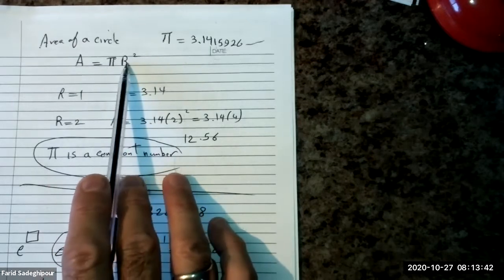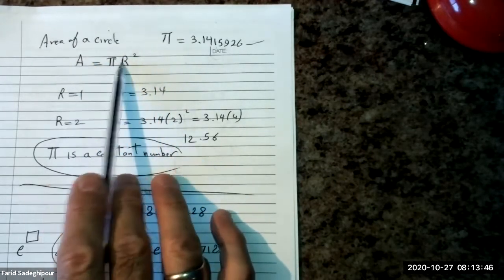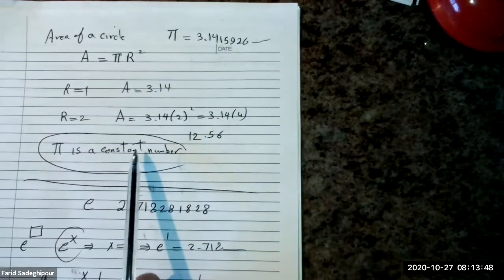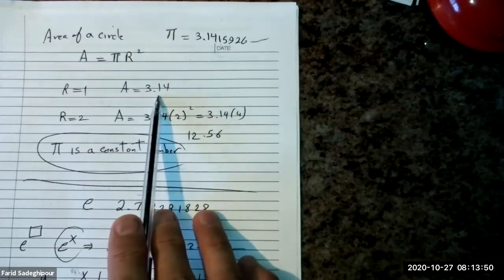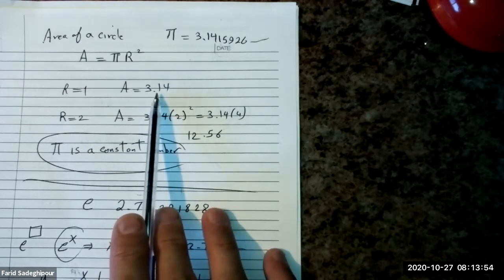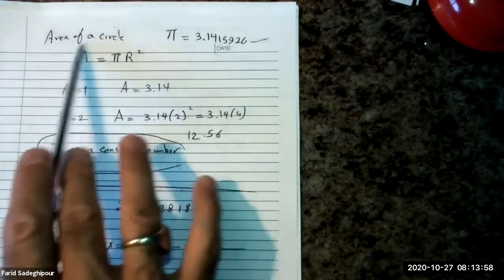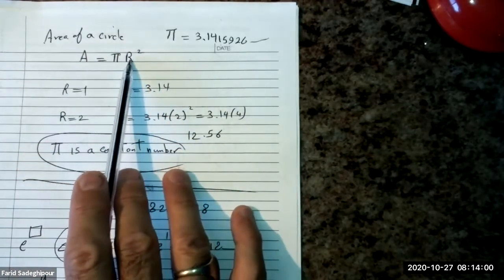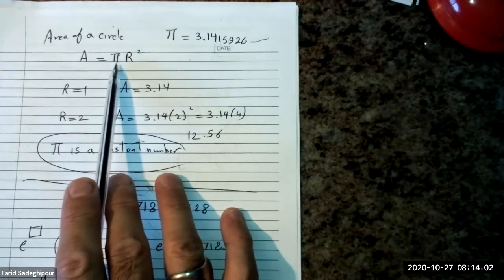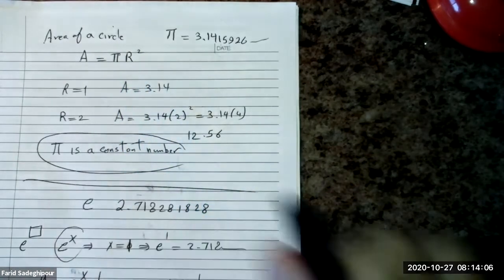When it's direct, as one variable increases, the other variable which depends on it also increases. The number 3.14 is the constant. It doesn't change. Regardless of what the value of r is, pi is always 3.14. So that's the constant you have here.